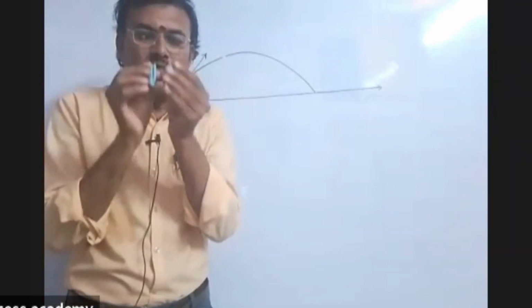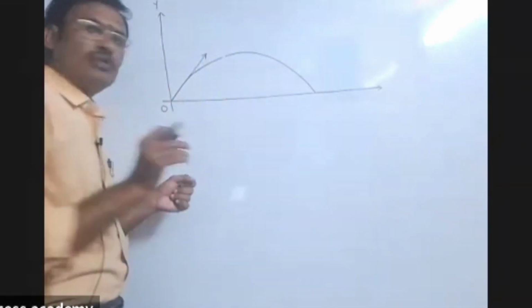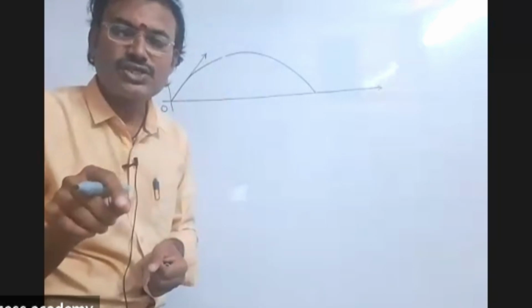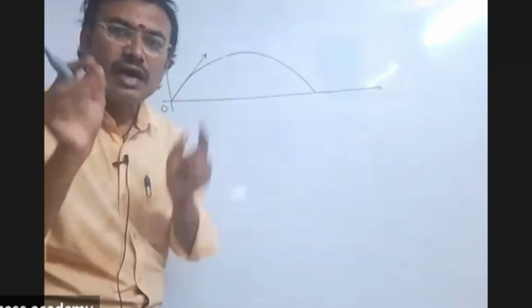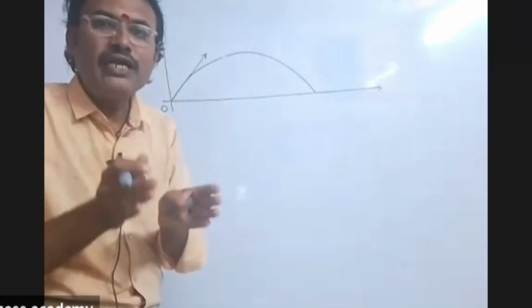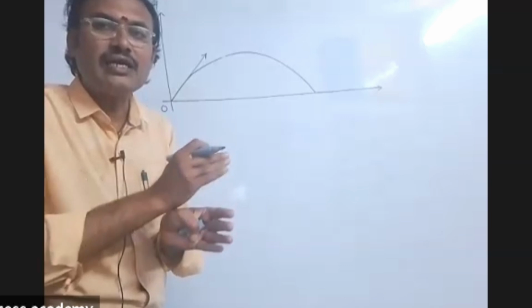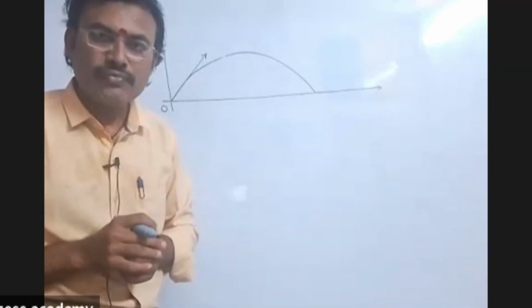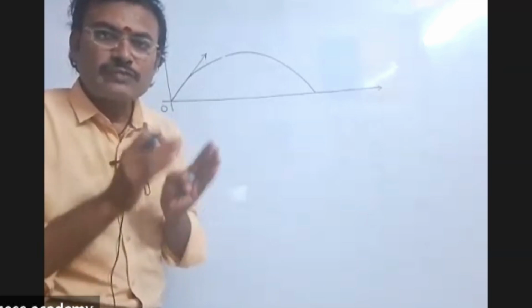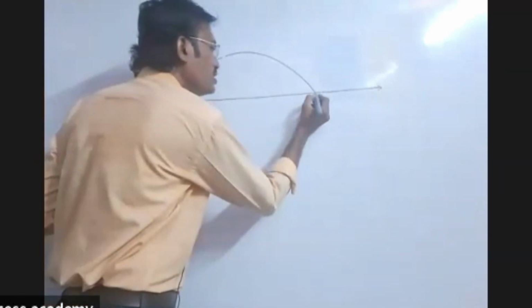But in the bomb, before explosion, wherever the center of mass is present, whatever particle is present at that center of mass, that particle follows the same path as earlier after explosion also. Are you getting? Before explosion, if the explosion doesn't take place, the bomb reaches this point.